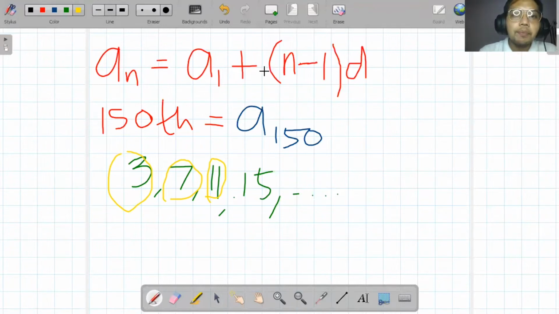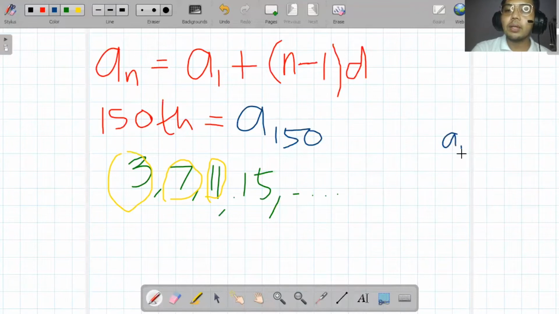That is why you are given the formula. If you're given the formula, all you need to do is find the values to substitute in the formula. And what are they? Let's start with a sub 1. Obviously, in this example, our a sub 1 is 3. I'm just going to write the given here below.